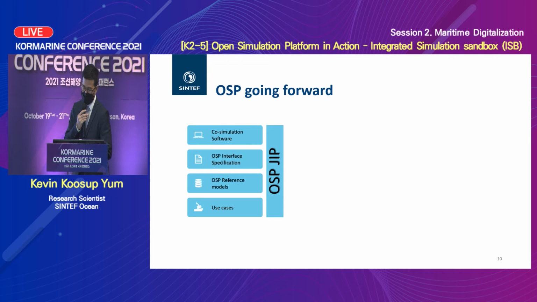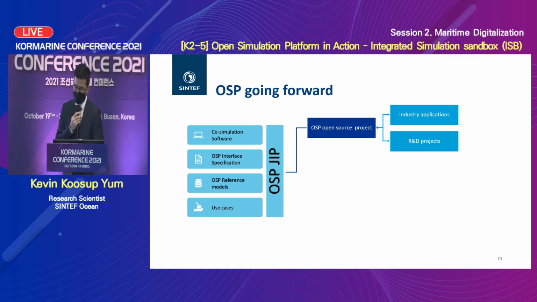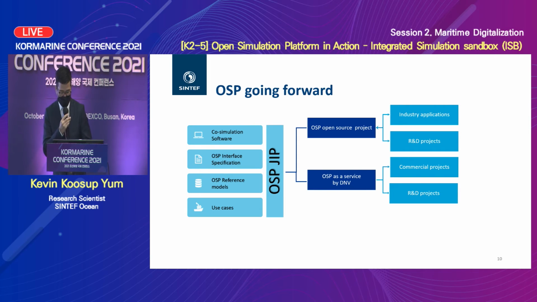So when the joint industry project was completed last year, our goal is to continue by providing this open source software, specifications and example configurations from the JIP, which will form the basis of an active open source community around the OSP project. And in parallel, DNV has developed a platform service called Trust Center.